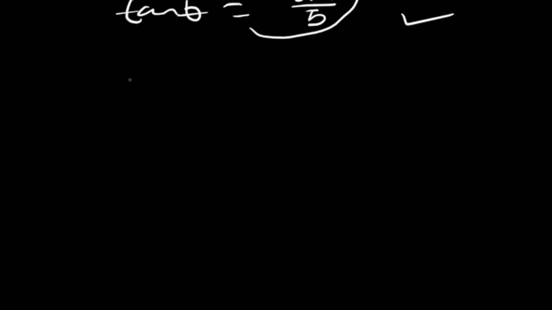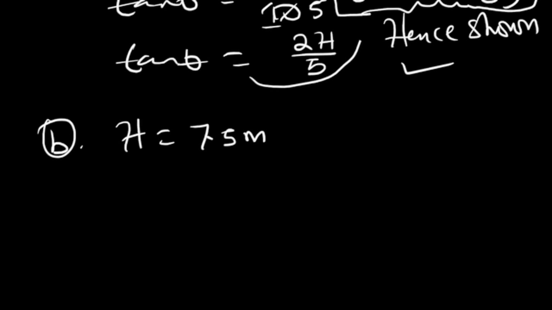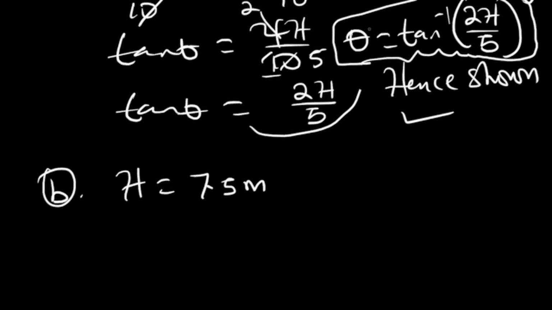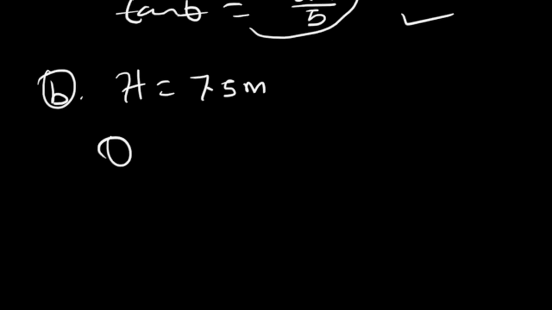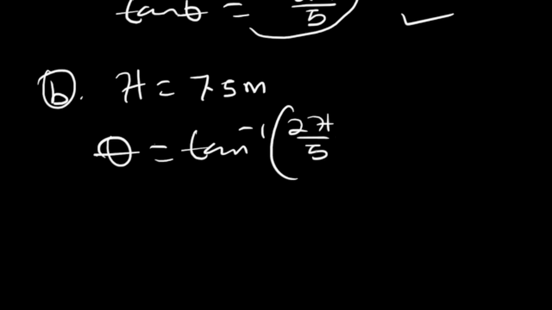Now, from the question we're given, for part B, the height is equal to 7.5 meters. So if the height is equal to 7.5 meters, find the launch angle. From this expression right here, we've already found that our launch angle theta is equal to tan negative 1, which is tan inverse, of 2h all over 5.